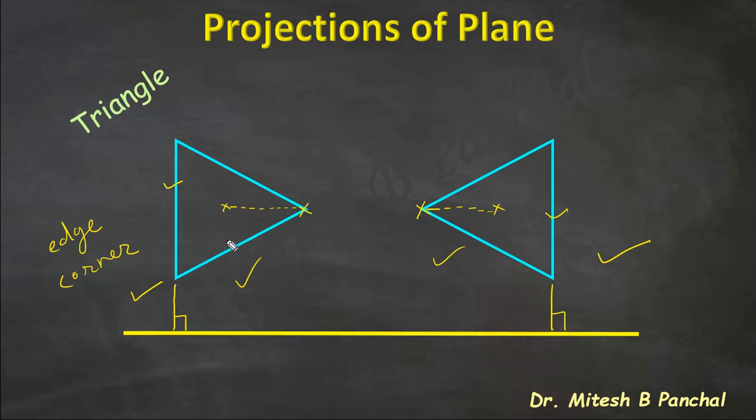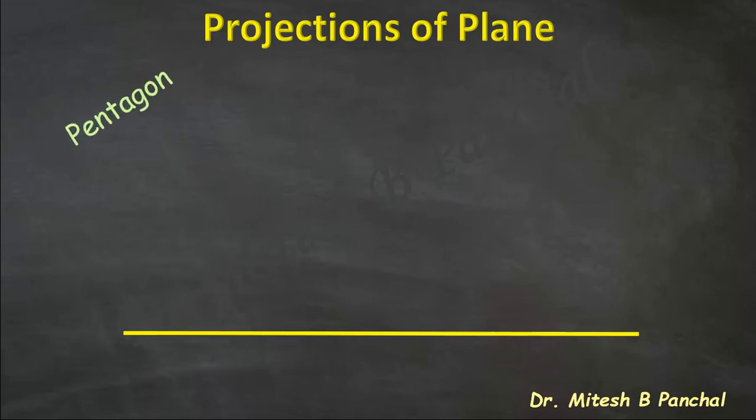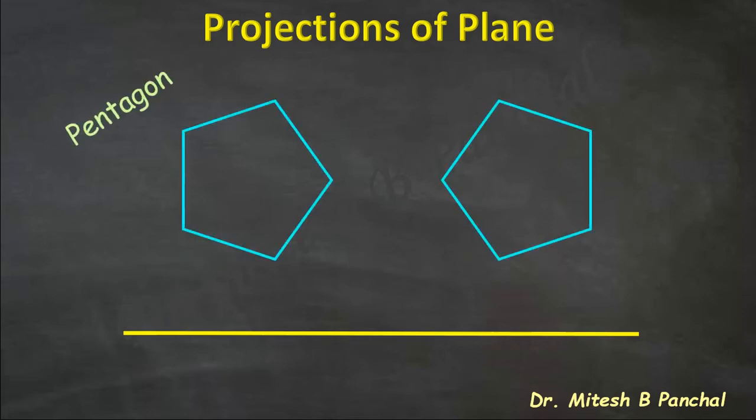So both these orientations can be considered for the true shape of the triangular plane when it is resting on an edge or corner. Now we will consider the orientations of the pentagon. For the pentagon, there are two possibilities. Similar to the triangle, here also the orientation of the pentagon can be used for both cases.